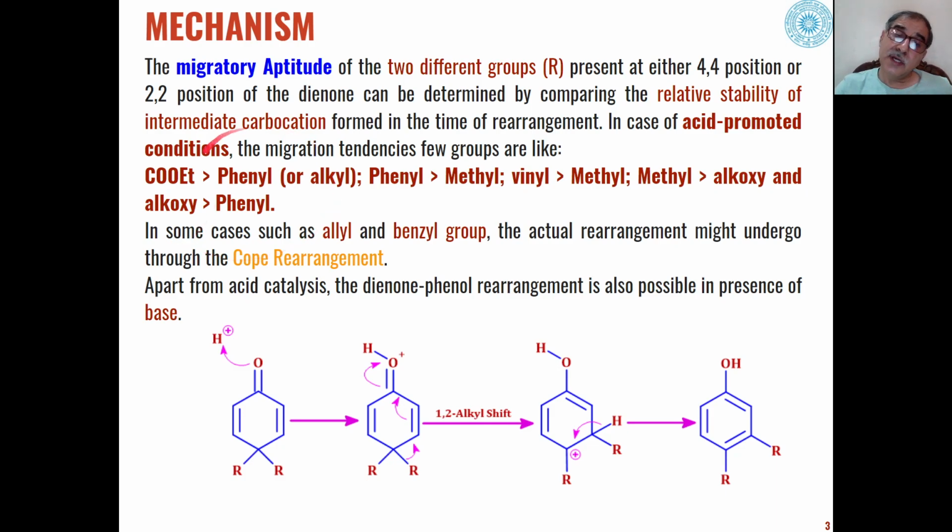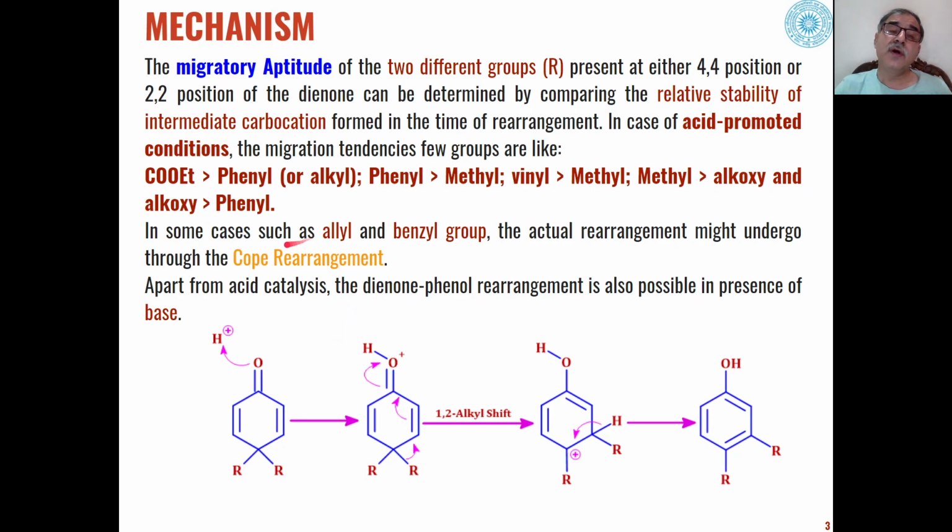And the basic point for migration of different groups, as I have told you, is the stability of this carbocation. The more stable the carbocation, the higher will be the migratory aptitude of that substituent.